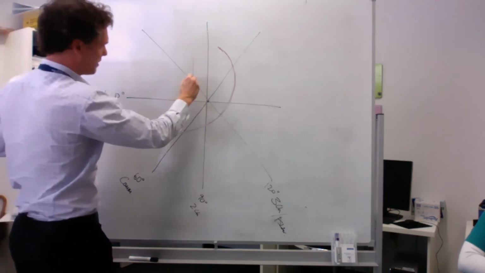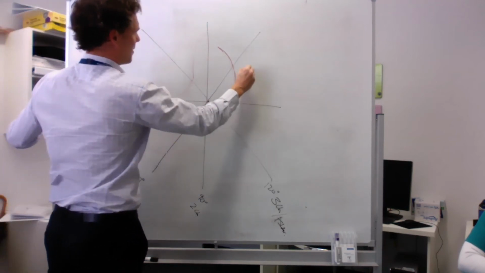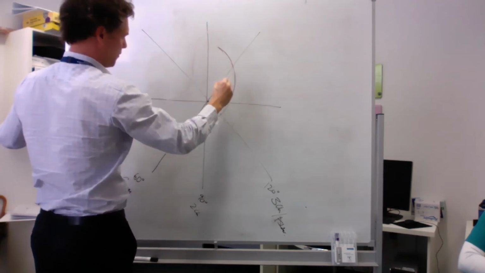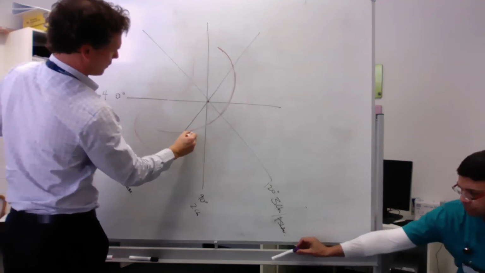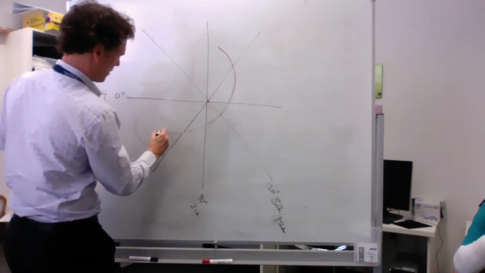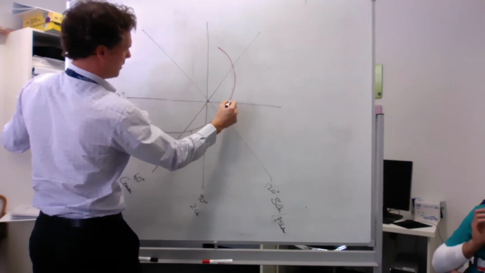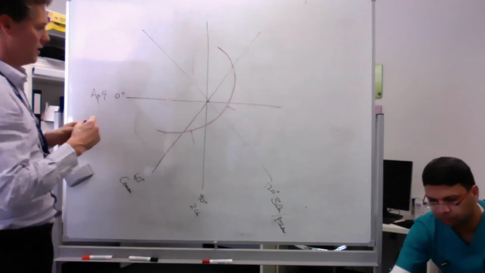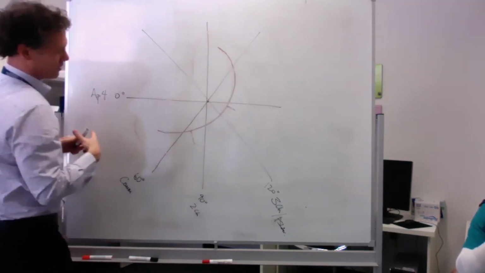Can everyone see that? Big anterior leaflet, smaller posterior.